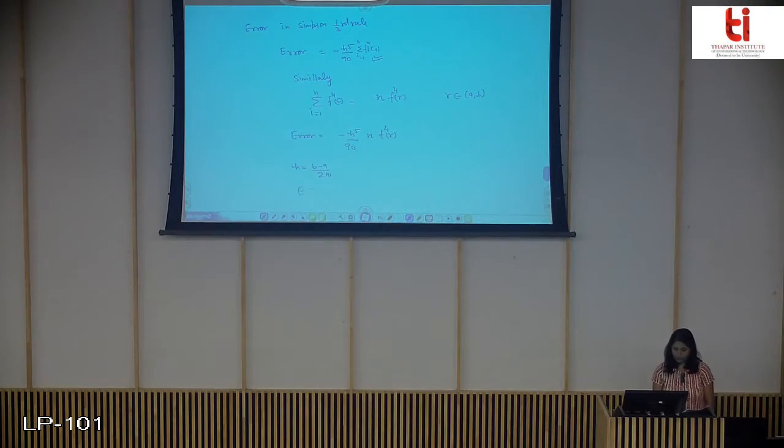So the error will be coming out to be minus h4 upon 90 into 2 into n, b minus a, f4 r, in which n is getting cancelled. So the formula is coming out to be minus h4 upon 180, b minus a, f4 r, where r belongs to the interval a to b. So this is the error formula in Simpson one-third.